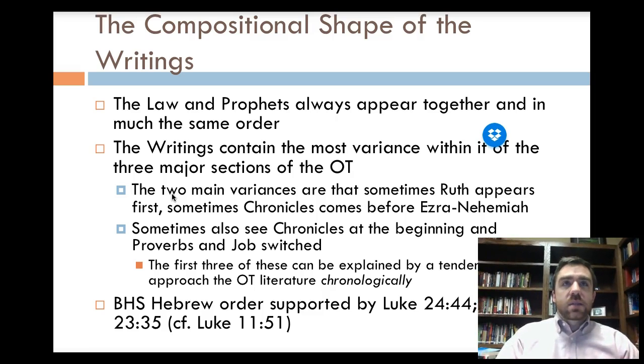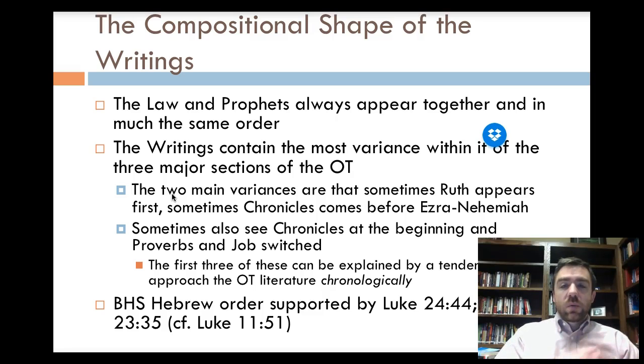For the writings, there are some variations in their shape. Sometimes Ruth appears first, and sometimes Chronicles comes in its chronological order before Ezra and Nehemiah. It's also possible at some points that we see Chronicles at the beginning of the writings, and then Proverbs and Job switch places. The first three of these can be explained by a tendency to approach the Old Testament literature chronologically.